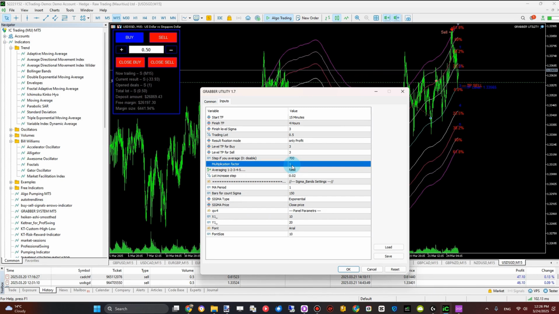I do not recommend using the ladder. This is still okay, but I do not recommend using martingale.